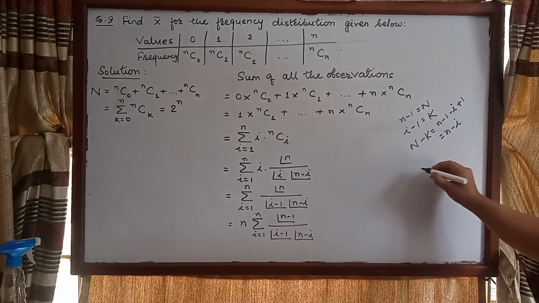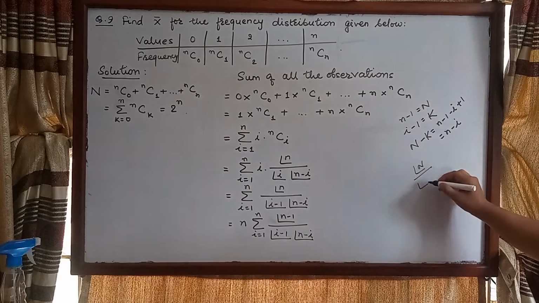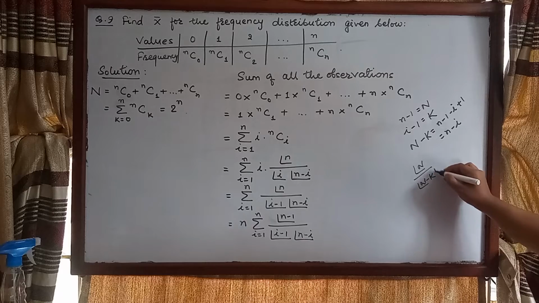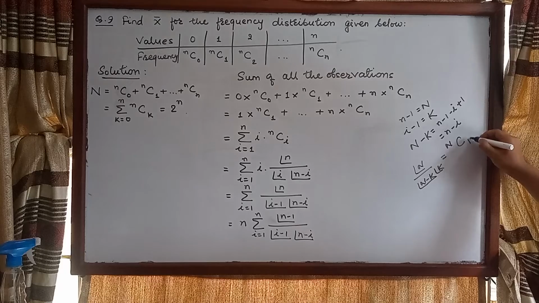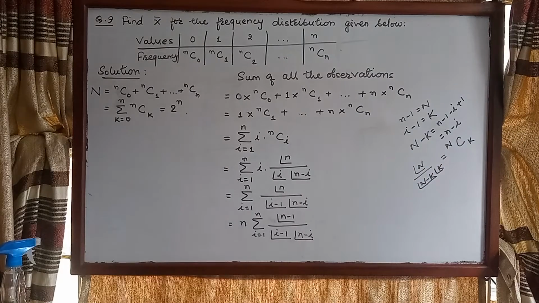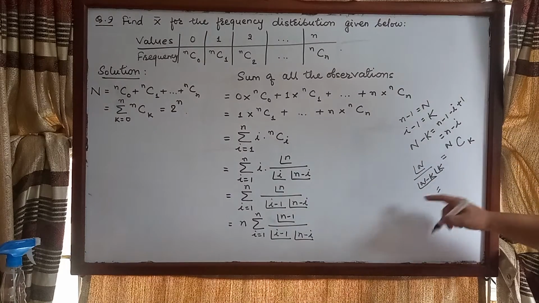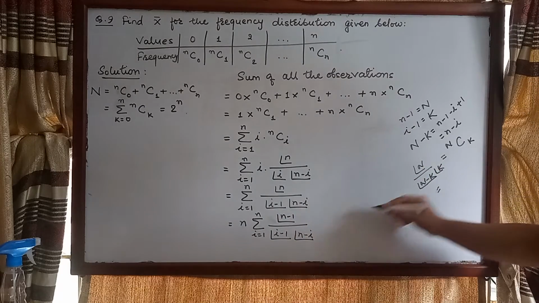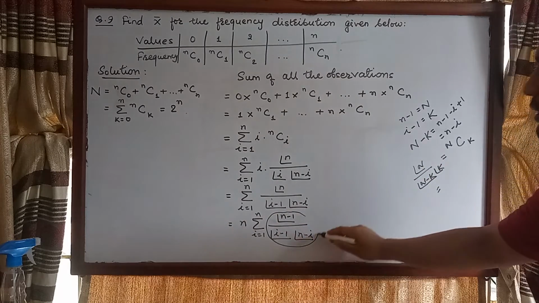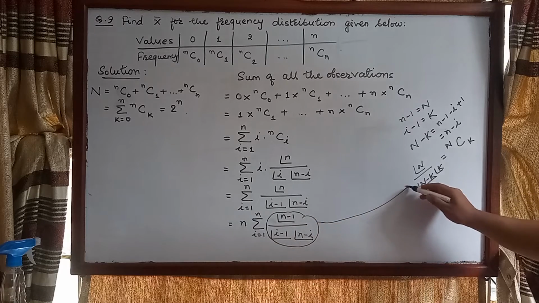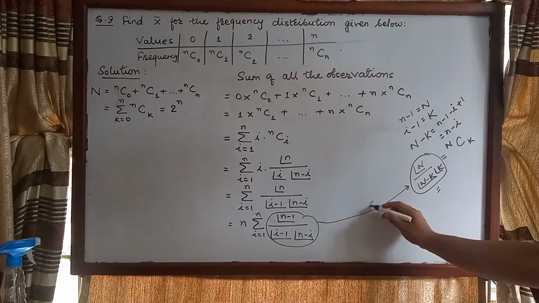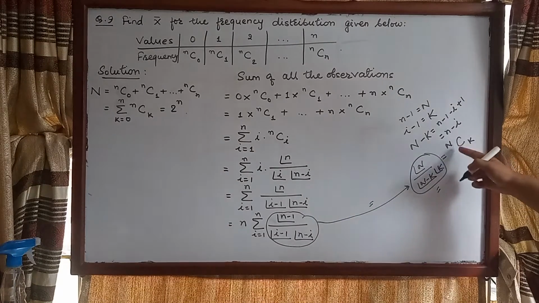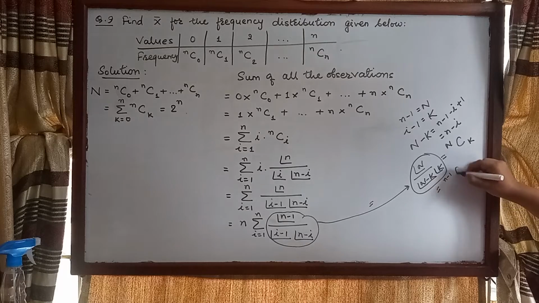So this is equal to n times 1 over (N minus K) factorial times K factorial, which means this is NCK, which means (n minus 1)C(i minus 1).